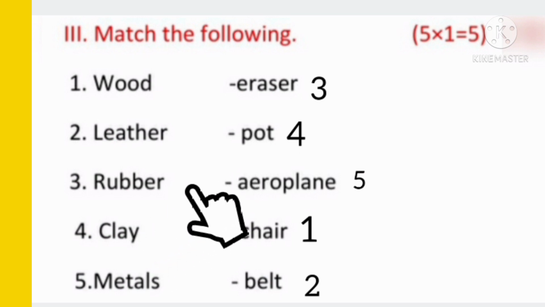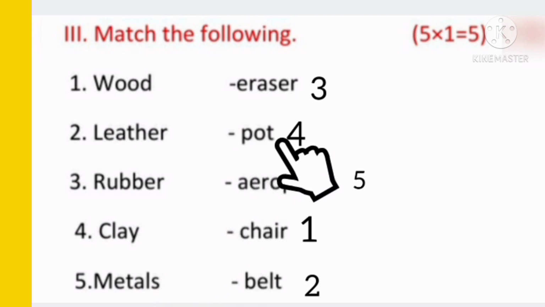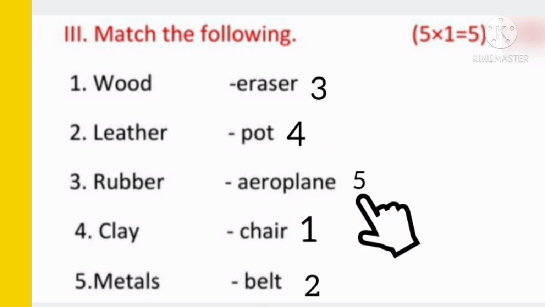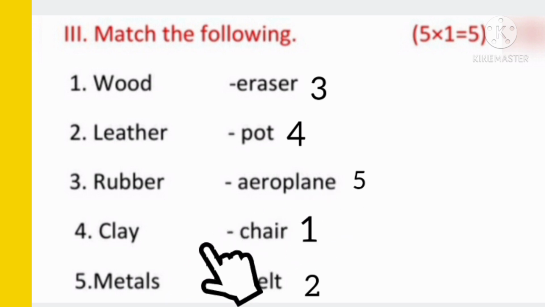Next one, metals. Which is the right answer? Eraser is made of metal? No. Pot is made of metals? No. Aeroplane is made of metals? Yes, very good. So, we should write 5. Aeroplanes are made of metal.